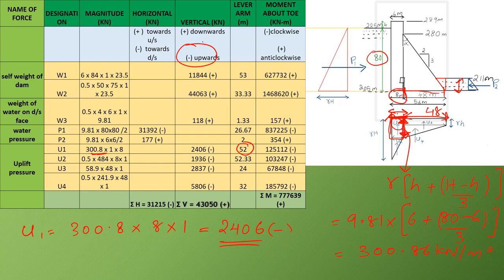Therefore the moment of this force about the toe is equal to 52 multiplied by 2406, which is equal to 1,25,112, and about the toe it is in the clockwise direction, and clockwise moments are taken as negative, so we are noting it as negative. So we have found U1.